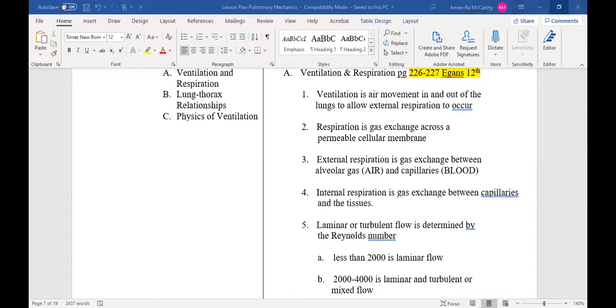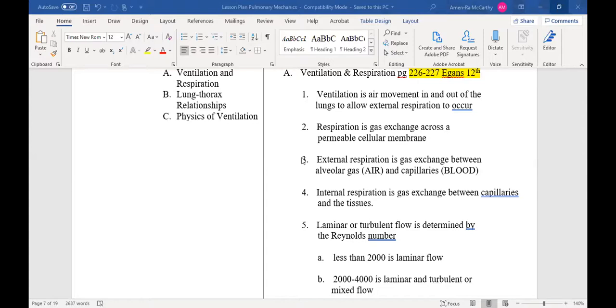They eat foreign material. So if respiration is to occur in the lungs, it has to go across the permeable cellular membrane, which is the type 1 cell. If you didn't have a type 1 cell, it wouldn't be able to diffuse. It couldn't exchange across it. It'd be blocked. Okay?